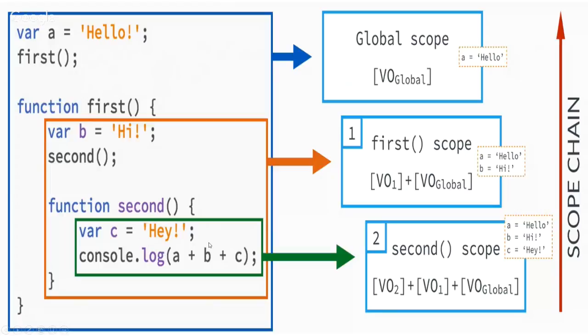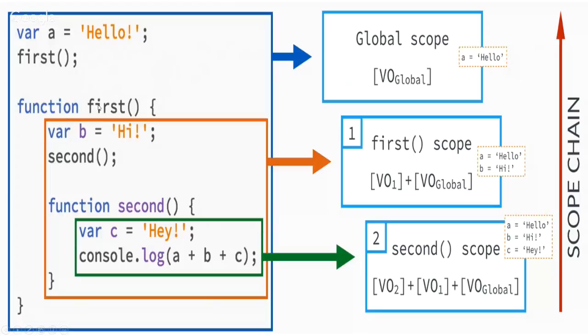And that's why we have access to the b variable, which is in the scope of the first function. That's how it knows the values of the a and b variables.